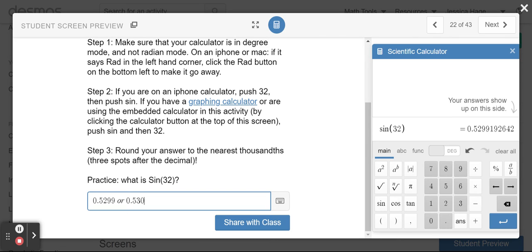We always want to do 3 or 4 decimals. And so that means any right triangle with a 32-degree reference angle, the opposite side divided by the hypotenuse will be approximately 0.5299 or 0.530 if you divide those sides.